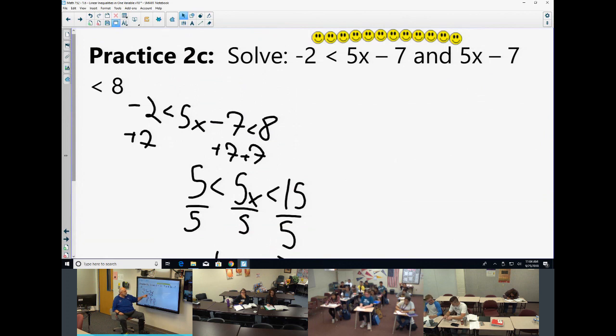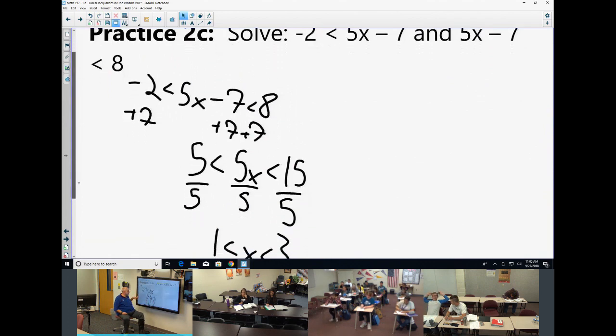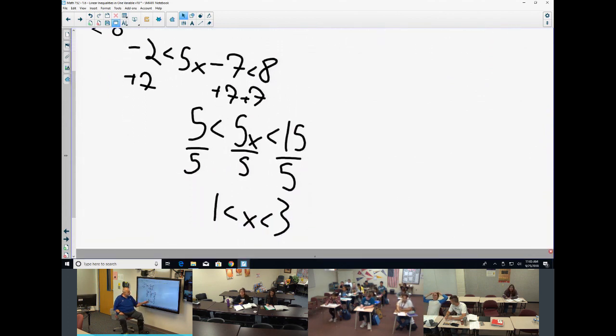So we get rid of the 7 by adding 7 to all three parts. And so we end up with 5 is less than 5x is less than 15. And then divide by 5 in all three parts. And so then we get 1 is less than x is less than 3. Okay? All right. So any questions?